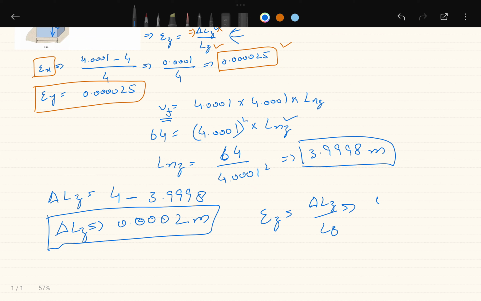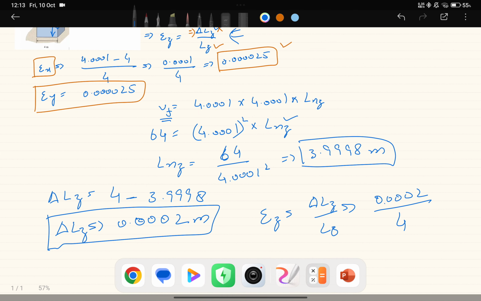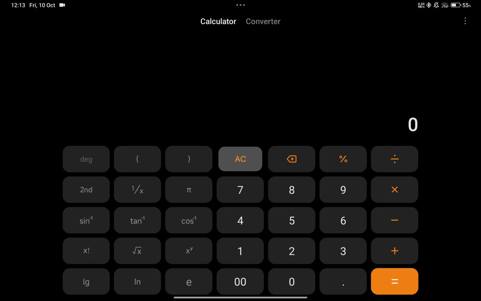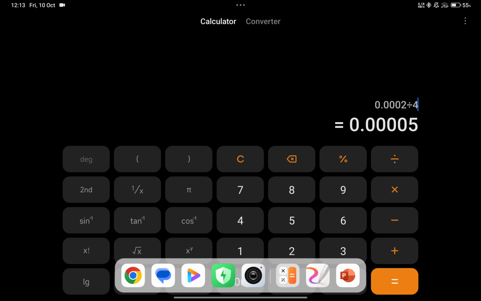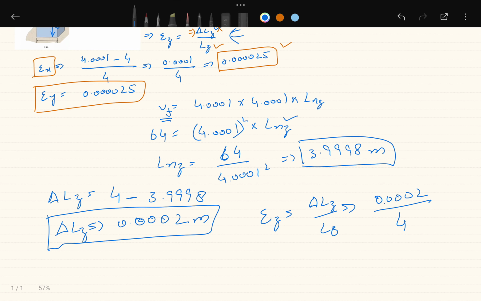The change we now know is 0.0002, divided by the original length, which was 4. So you get the strain in z equal to 0.00005.